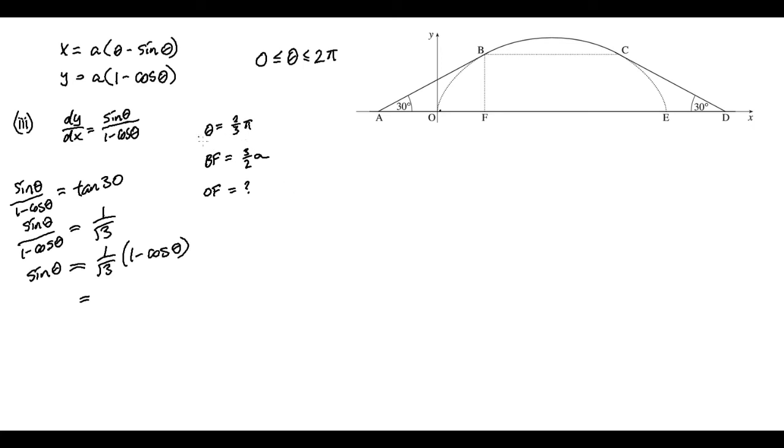You need to verify that theta is 2/3 of pi. Verify as in just find the answer to see if it fits. So the left hand side is sine of 2/3 pi, and sine of 2/3 pi is root 3 over 2.